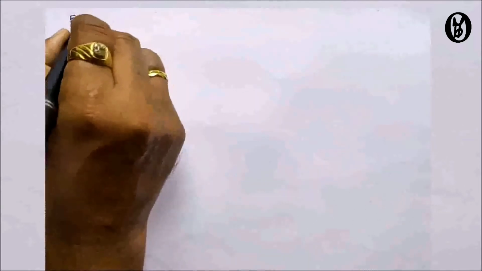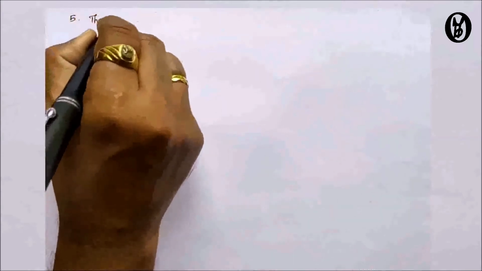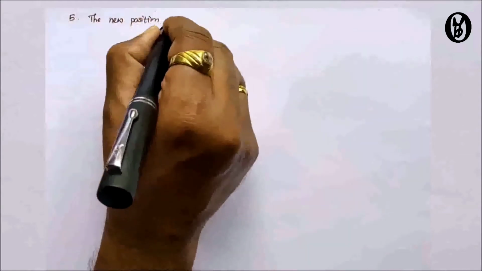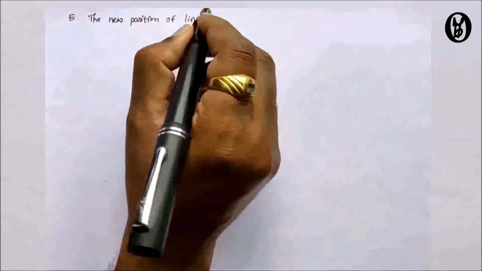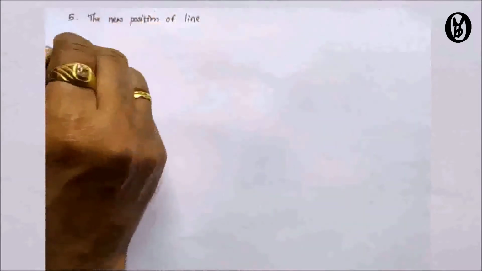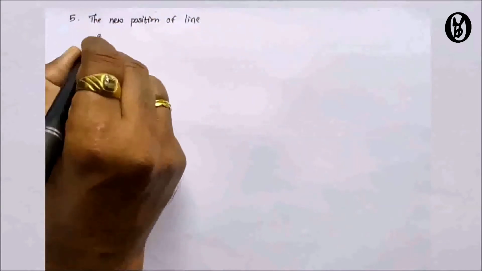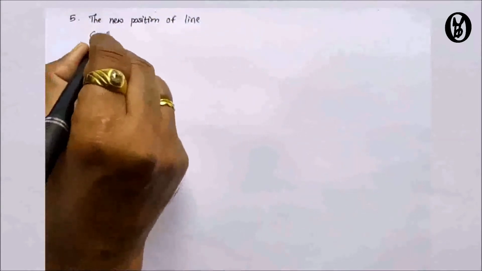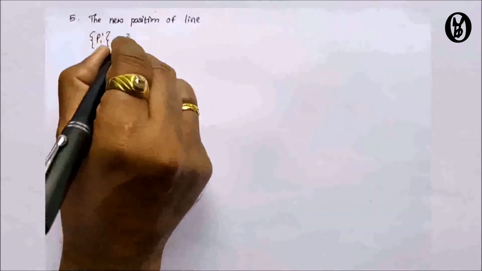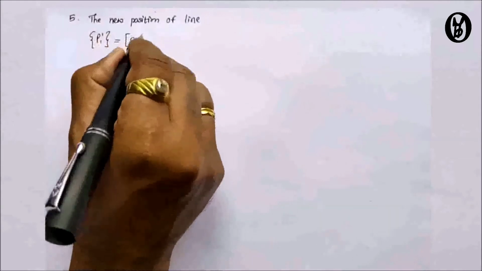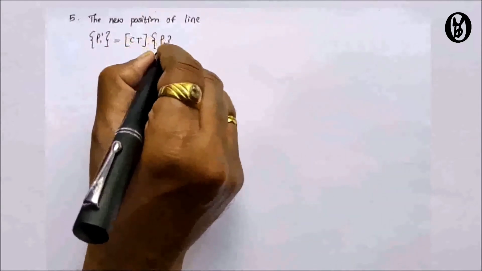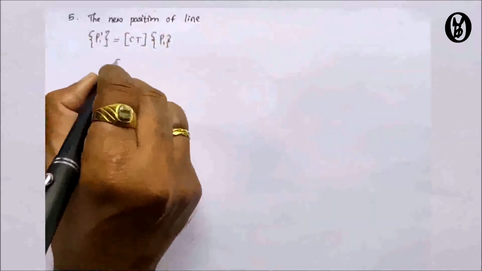After getting the Ct matrix, we can find out the new position of the endpoints of the line. So we can write P1 dash, the new coordinate of P1, equal to Ct multiplied by P1. So we have to put the values of Ct and P1.